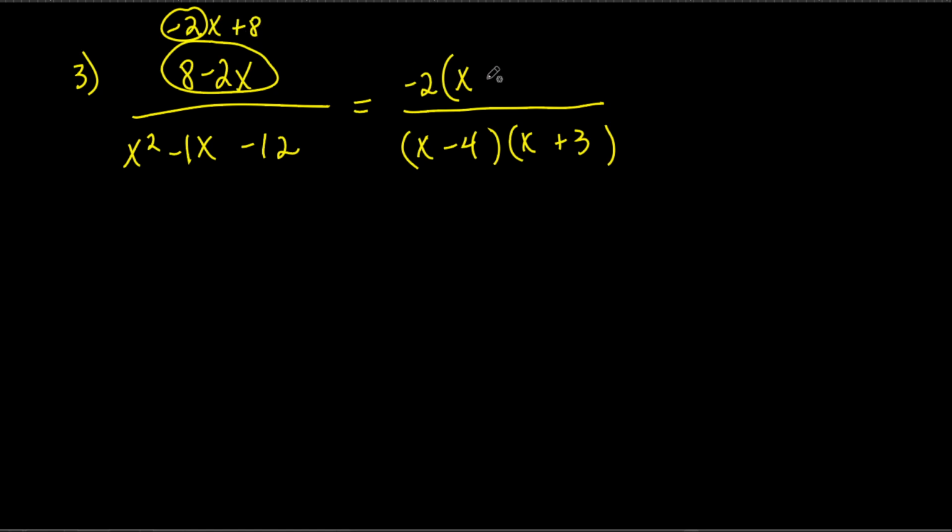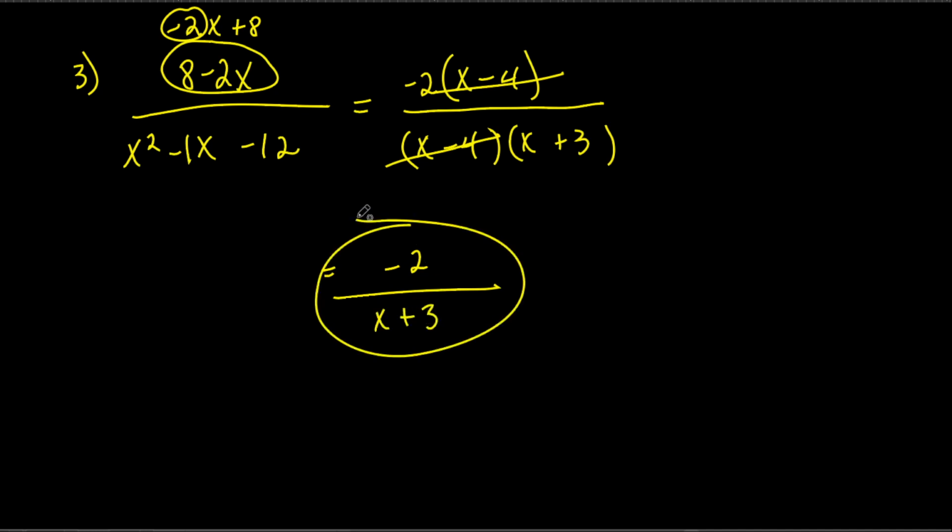What's 8 divided by negative 2? Negative 4. Now look at it. Now this looks a lot better, doesn't it? Okay, now I can cancel out the x minus 4 and the x minus 4. And so how am I going to write my answer? Just put negative 2 over x plus 3. And that's how you would write your answer.